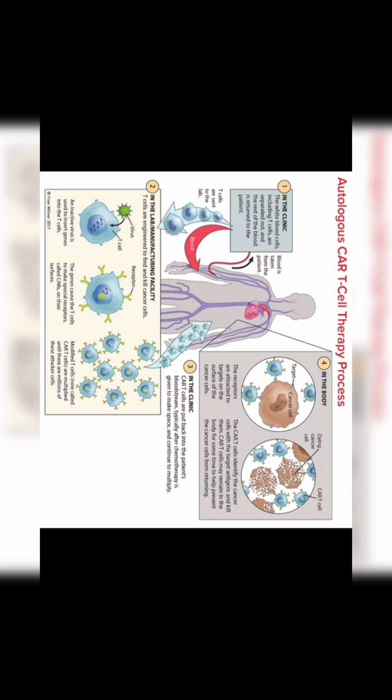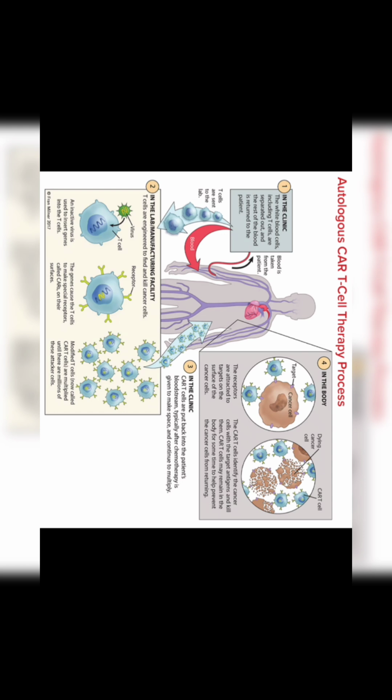Now after the modification you have done in the lab, you are going to make multiple copies, or millions of copies, of that T cell. And then after the multiplication process, you are going to reinsert those modified T cells into the patient's bloodstream.